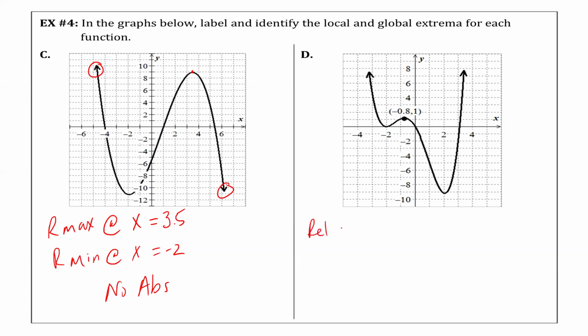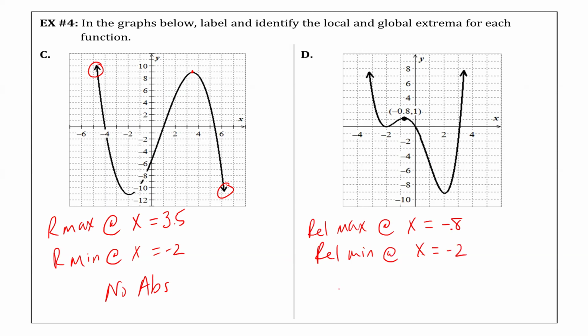Last one. What was your relative max? Where is it? At x equals what? -0.8. What about my relative min? X equals what? -2.